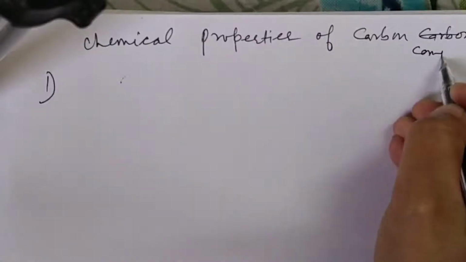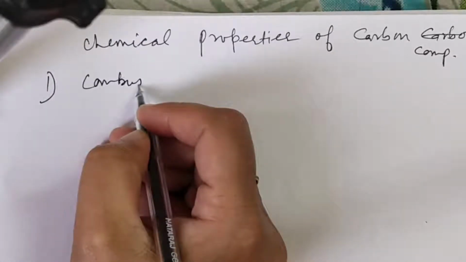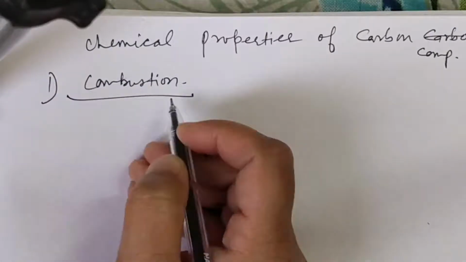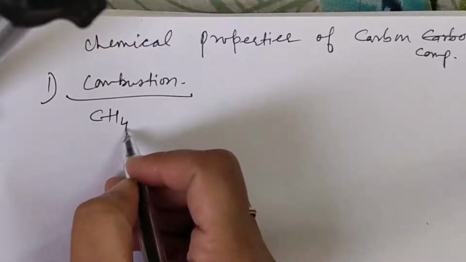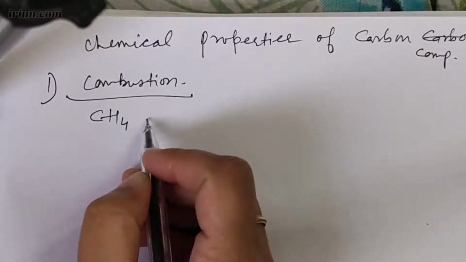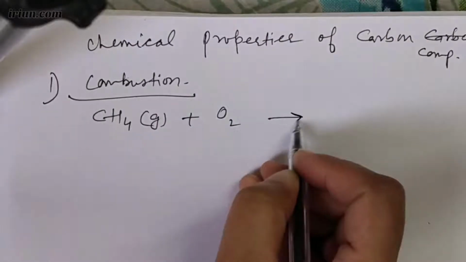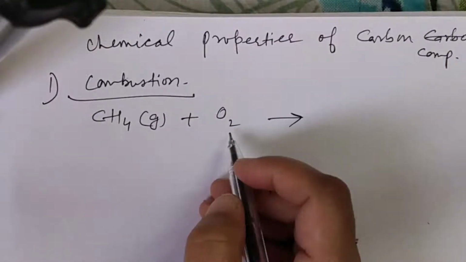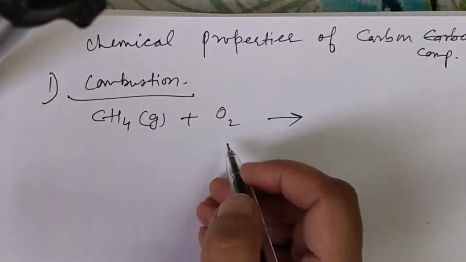The first chemical reaction shown by carbon compounds is the combustion reaction. Combustion is a reaction in which the organic compound, taking the example of methane gas, is burned in the presence of oxygen, not air, keep it in mind. We are taking ample oxygen, not air.